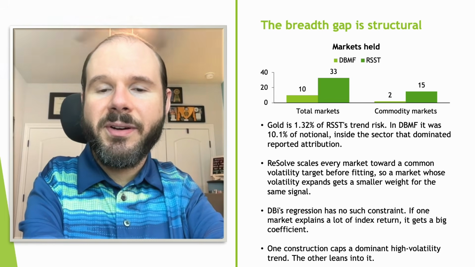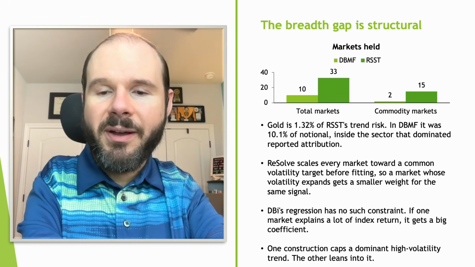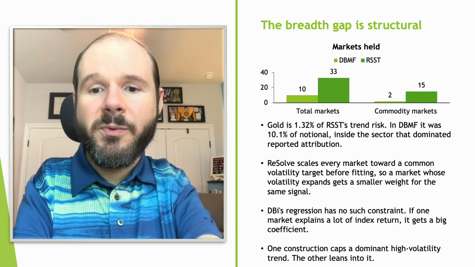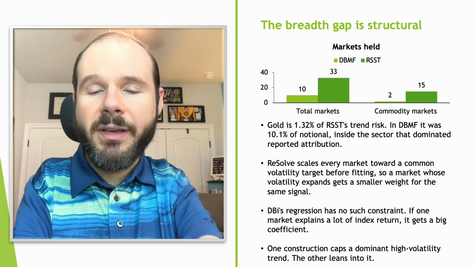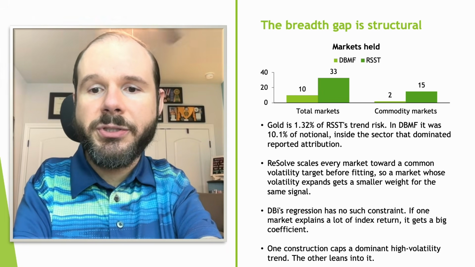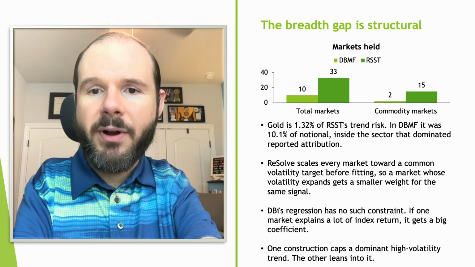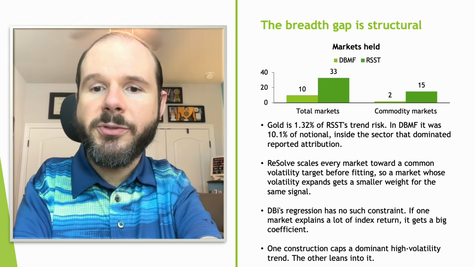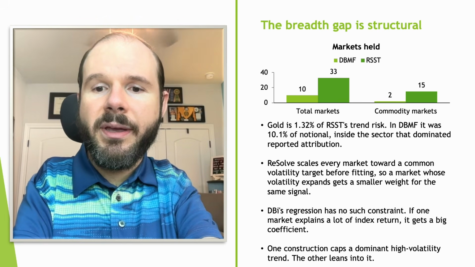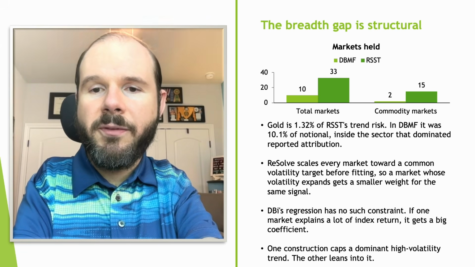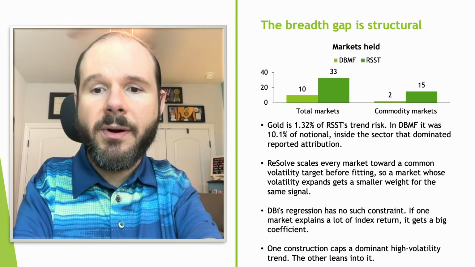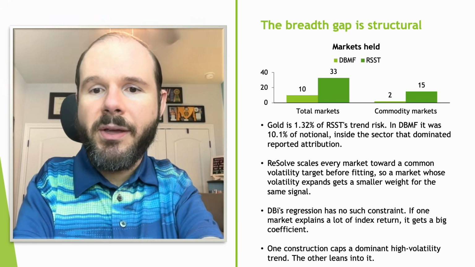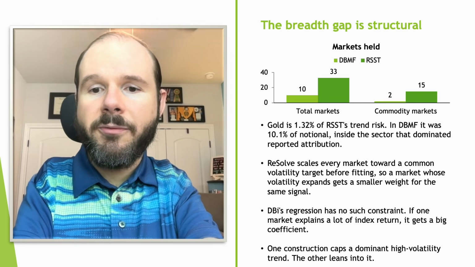So the difference here makes sense, but I really want to emphasize what I found shocking was just the sheer breadth of contracts that RSST and RSIT are using for their managed futures allocations. I mean, 33 total and 15 for commodities for RSST and RSIT, whereas DBMF is running a lot fewer.